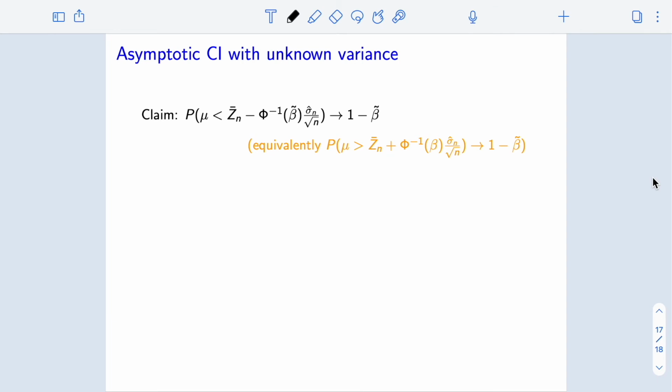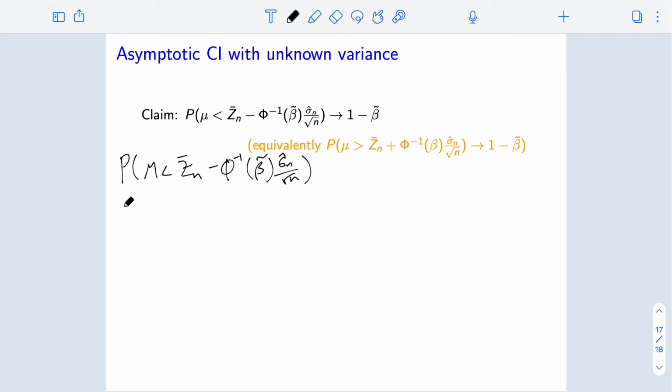So let's just really quickly work this out. This result is going to work very similarly to the previous result we showed. So again, let's work with this first statement, the probability that mu is less than Zn bar minus phi inverse beta tilde, now sigma hat n over square root n.